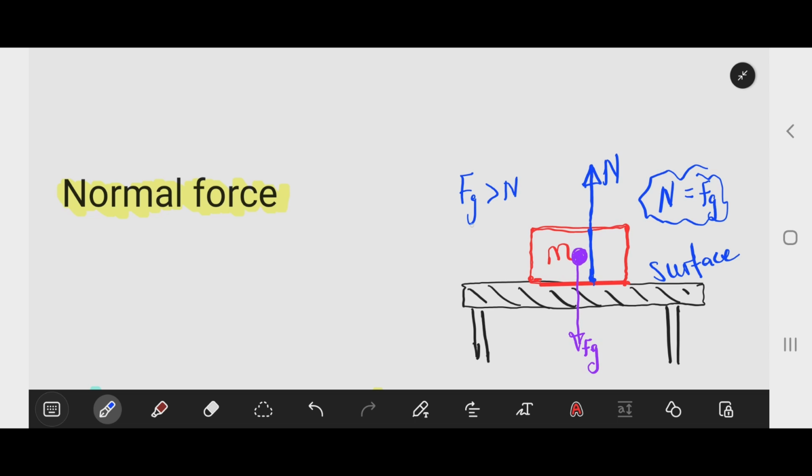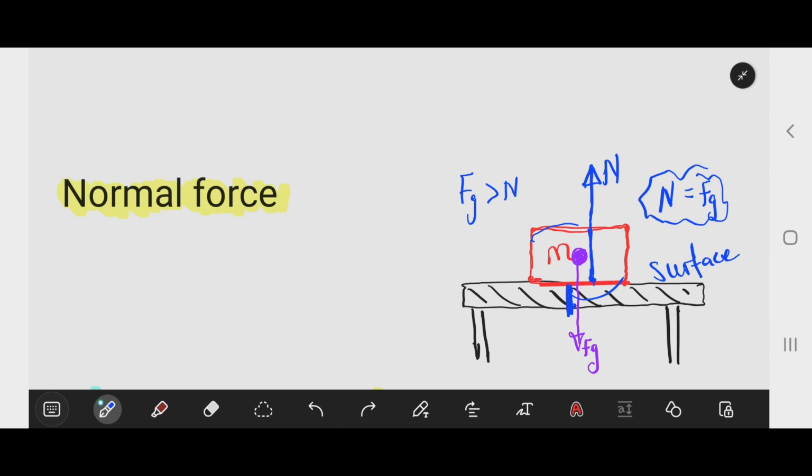In this case the table will break and this object will continue moving downwards, because the gravitational force of that object is greater than the normal force exerted by the table on the object.